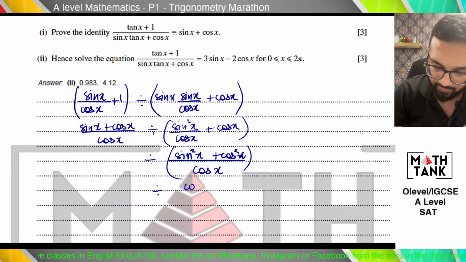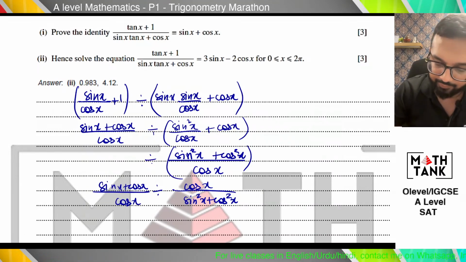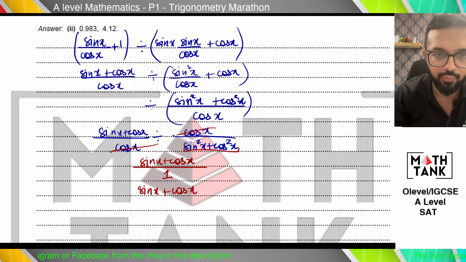That makes it cos x over sin square x plus cos x. Sin x, where this gives me 1. That is what the question was asking you to prove.